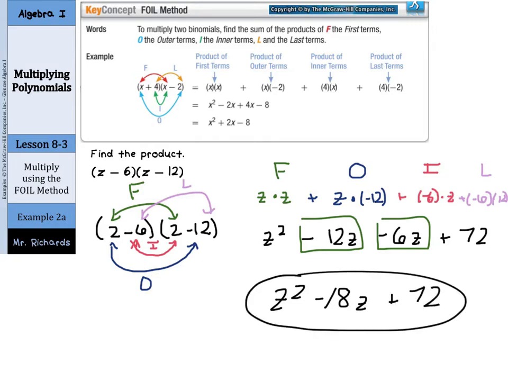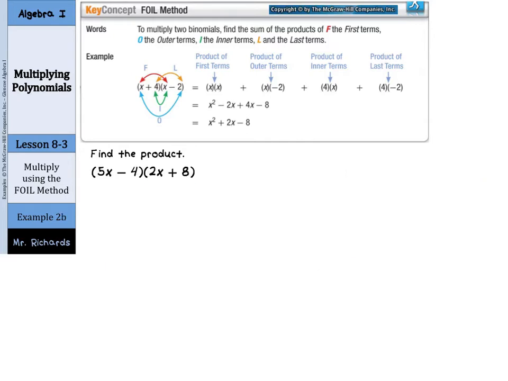And so the FOIL method: first, outer, inner, last. And we can reattempt this in this example. So we'll rewrite 5x minus 4, and we'll multiply that by 2x plus 8. And remember, our FOIL is first, outer, inner, last.